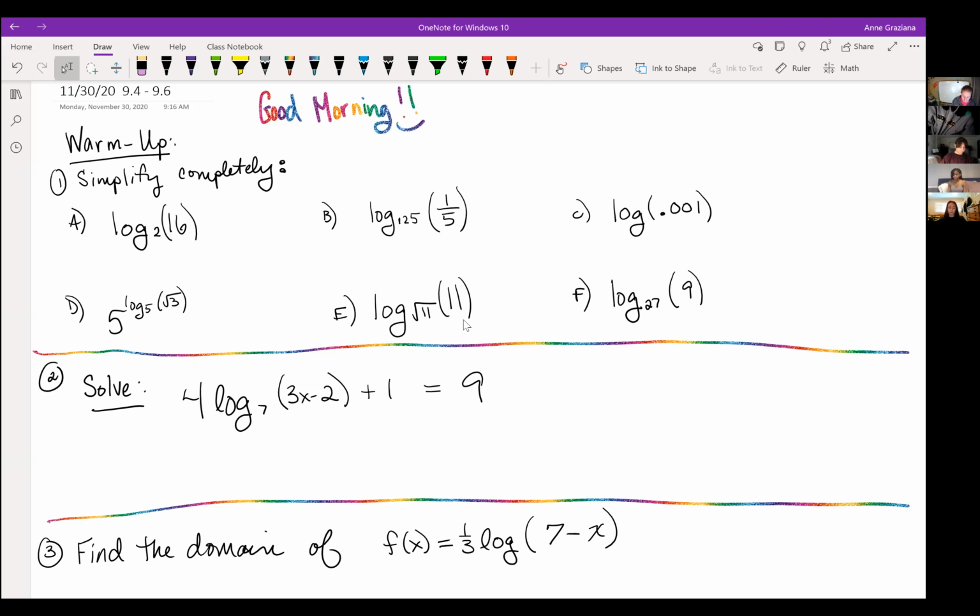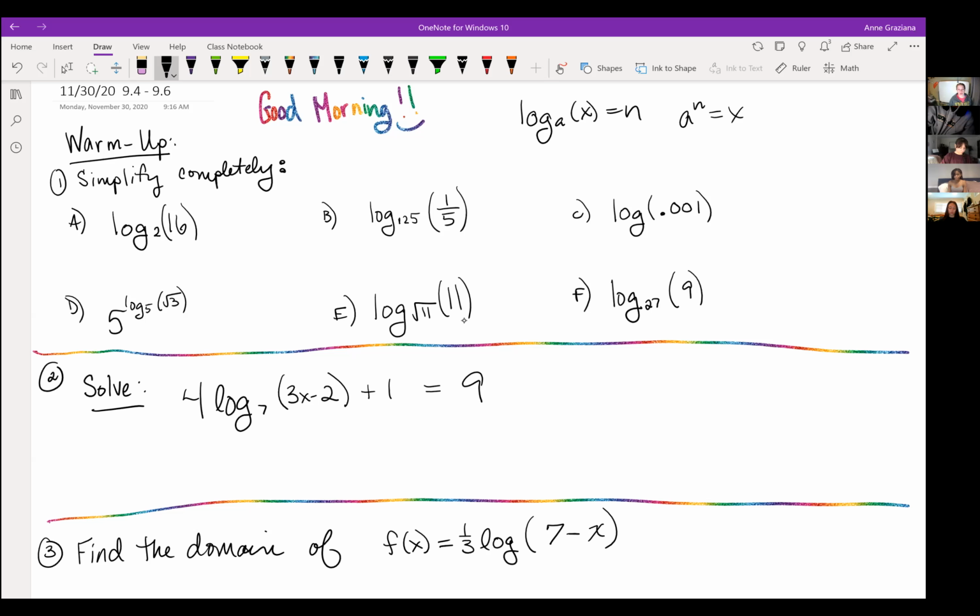All right. So just remember that when it comes to logs, it's the exponent. If you have log base a of something equal to a number n, that's the exponent that goes on a that will give you x.